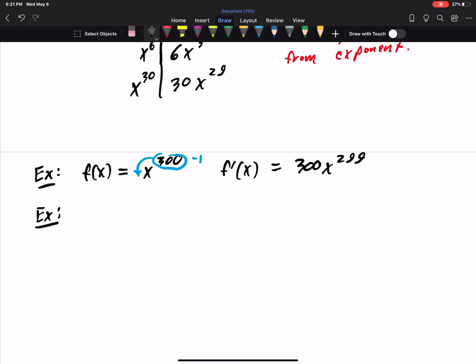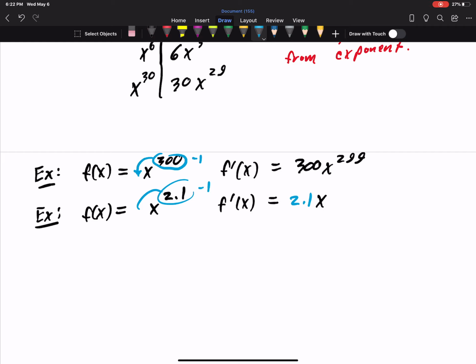Let's use a decimal this time. So if I had x to the 2.1 power, what's the derivative? Same exact principle, believe it or not. No matter what ugliness is in your exponent, as long as it's a number, you can take this, bring it down in front. So you have 2.1 out in front, x to the subtract 1 from the exponent.